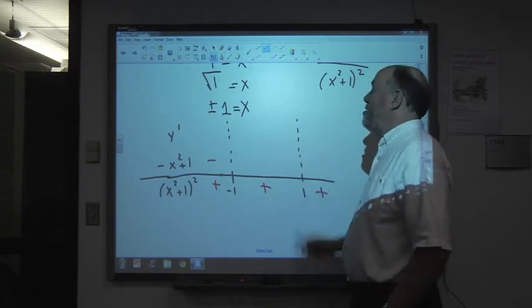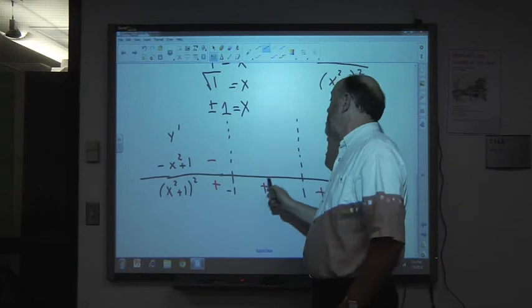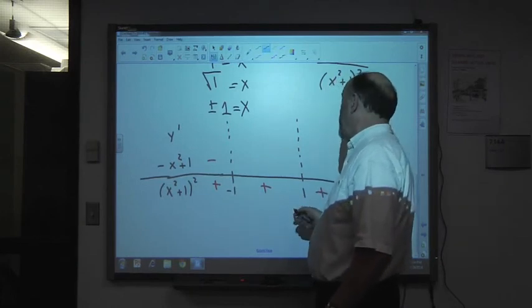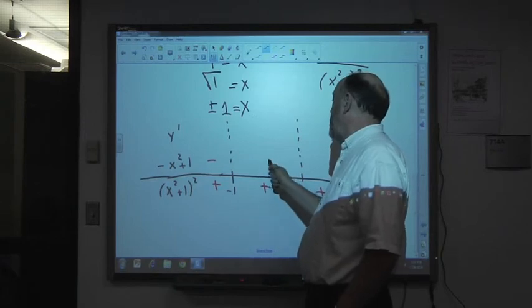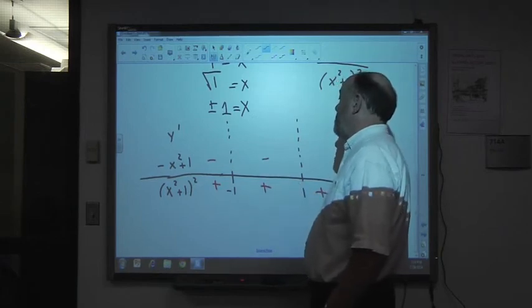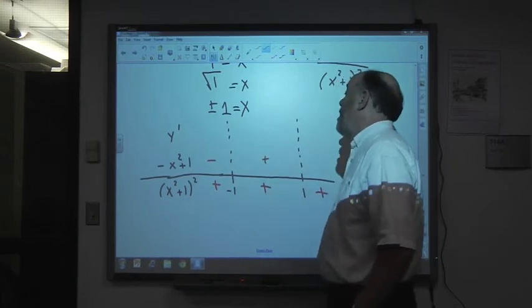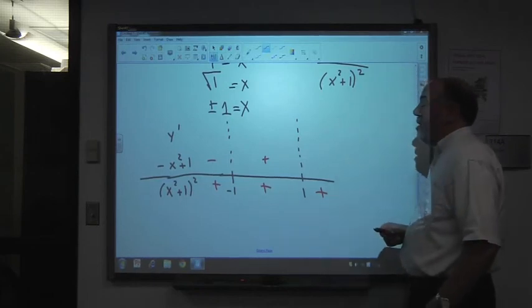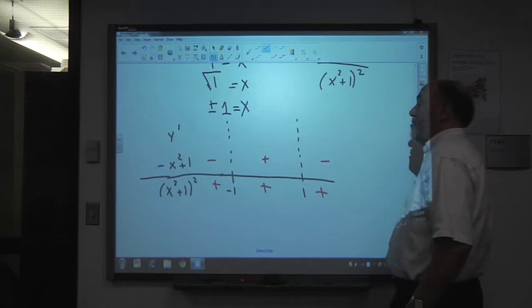If I'm in between 0 and 1, well, again, if you think about this being 0, then this is going to be a negative. Actually, this will be positive, sorry. And then when we're greater than 1, say 10, you get a negative, so this will be negative, right?